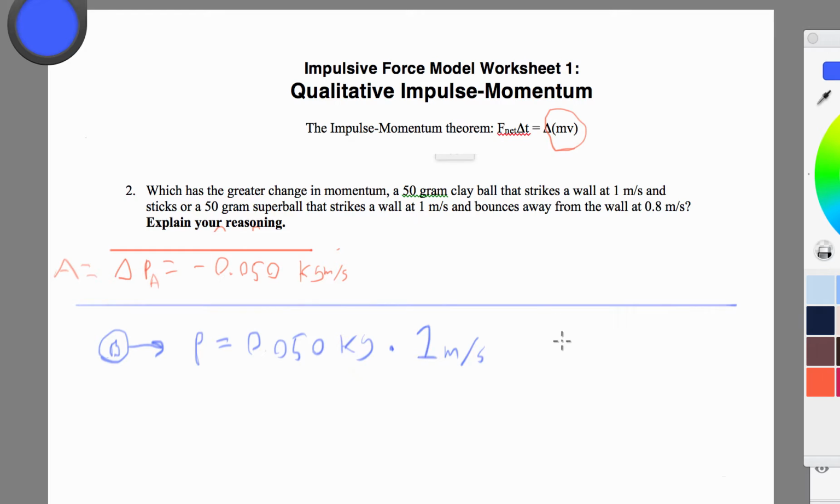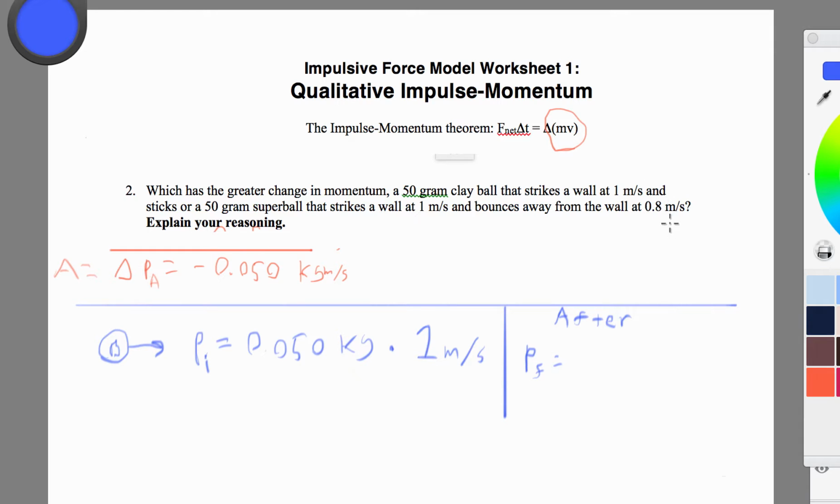That's our before. And then we have our after. Because again, we're always going to do this before and after, and during if the question gives us information about during. This one doesn't. So this is our P initial. Then we have our momentum final.